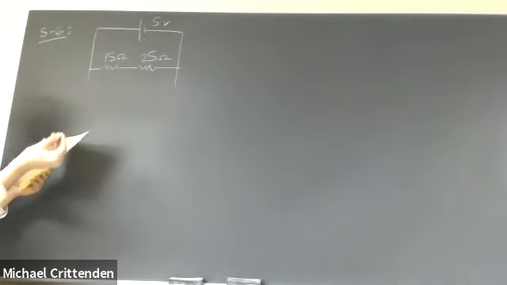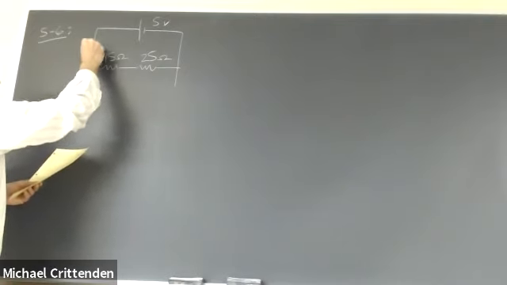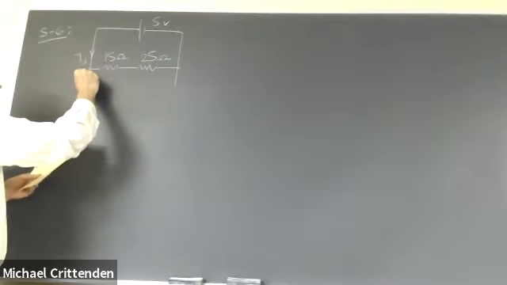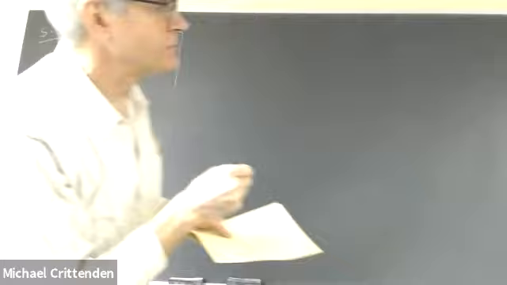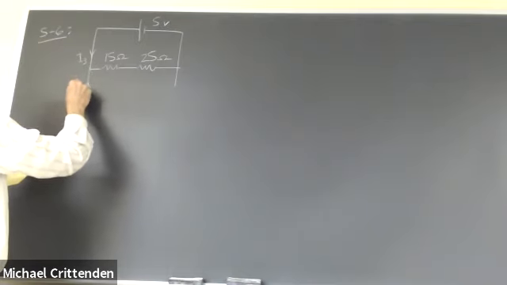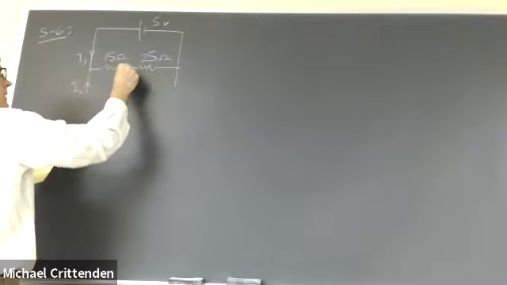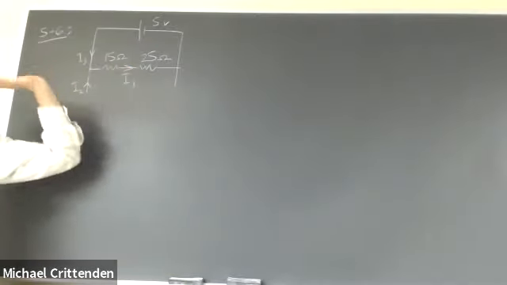And I named the currents like this. What's coming out of the battery I called I3, and what's coming from the other battery I called I2, and what's going down the middle here I called I1. I think I saw people that called this one I3, and there's no difference. These are just arbitrary names.